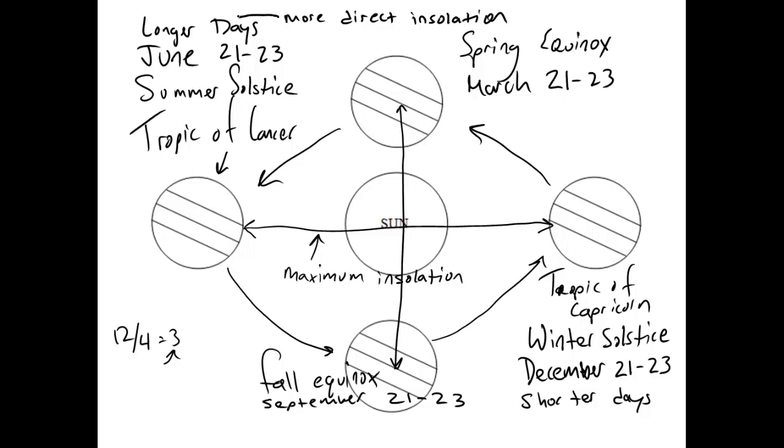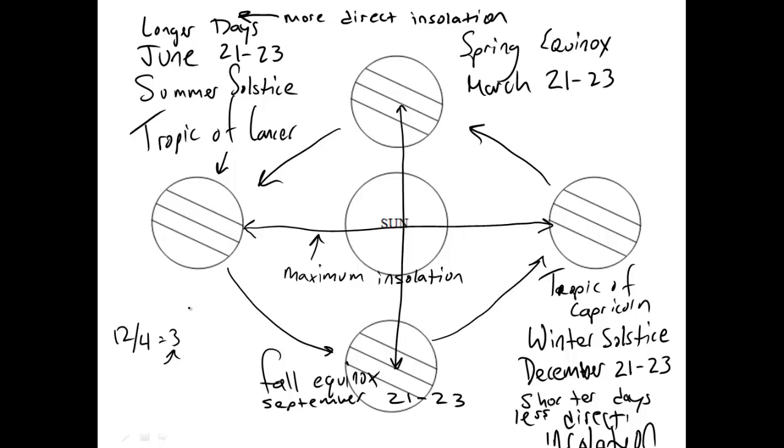And again, that goes for the summer. And here we have less direct insolation. And it's kind of equally spread out between the equinoxes.